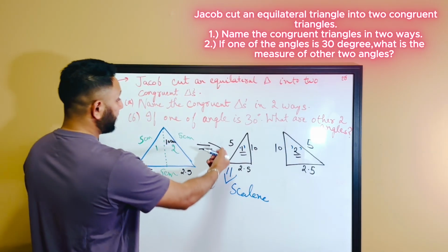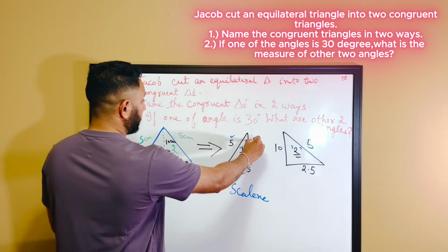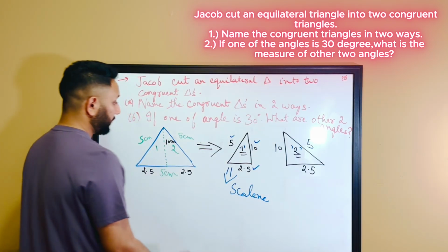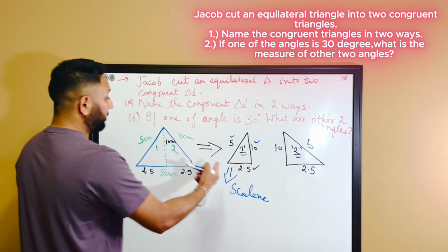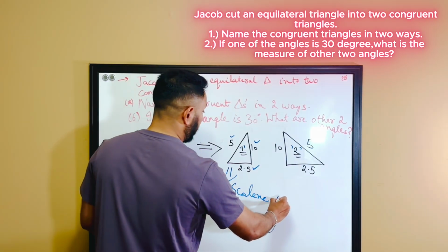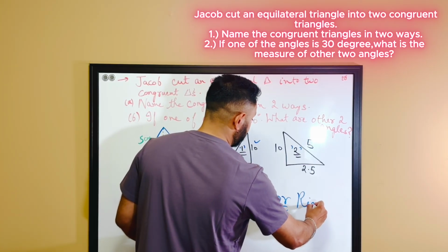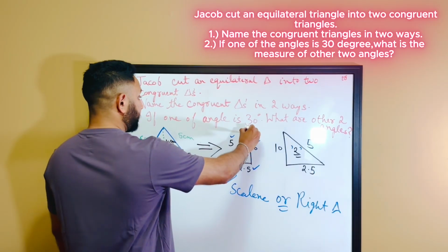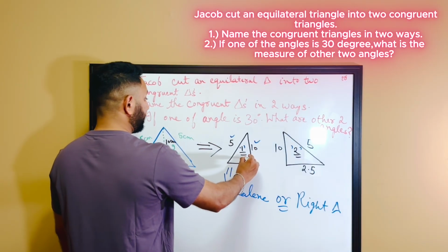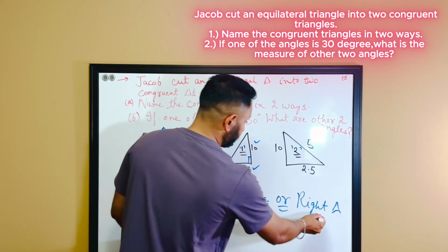And here we can see that the measures of all the sides are different. So this congruent triangle can be either scalene or right triangle. If this perpendicular is making 90 degrees, then it is a right triangle.